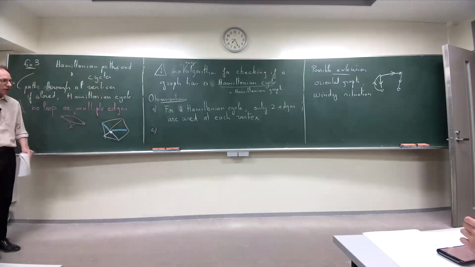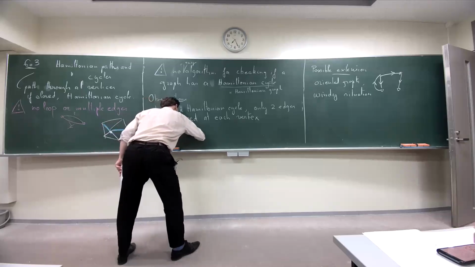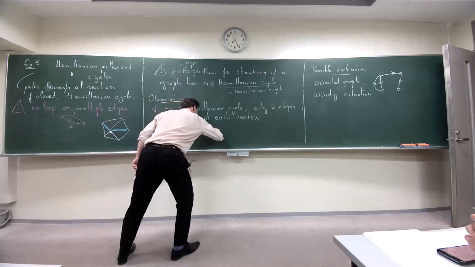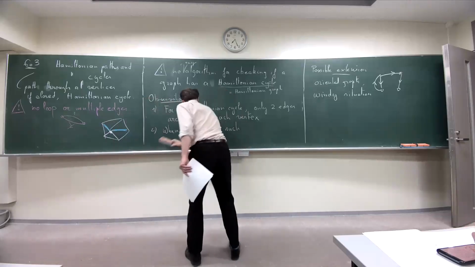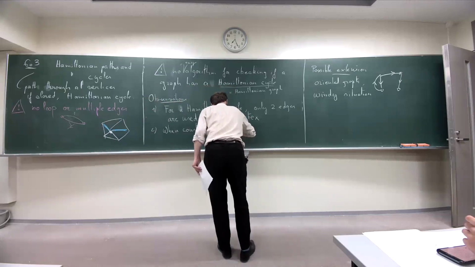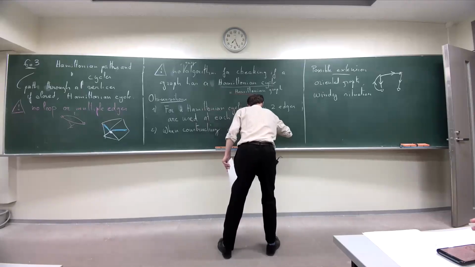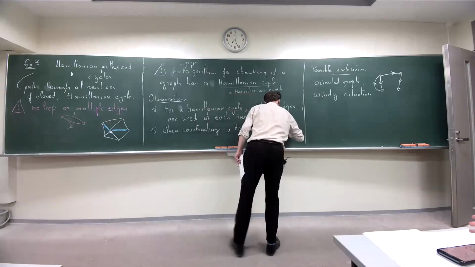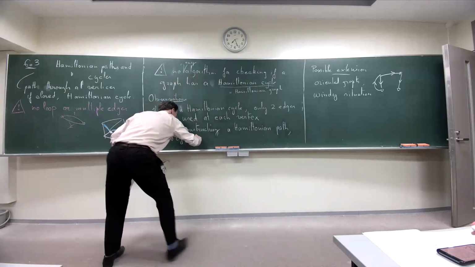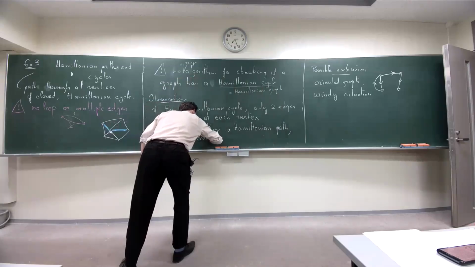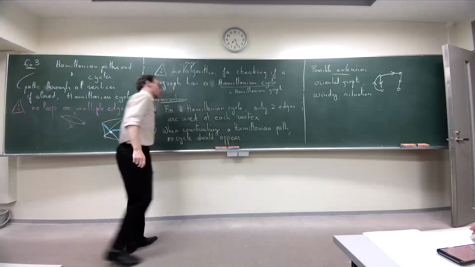And the second observation is when constructing a Hamiltonian path, it's not so precise, this sentence. No cycle should appear. So what do I mean by this?